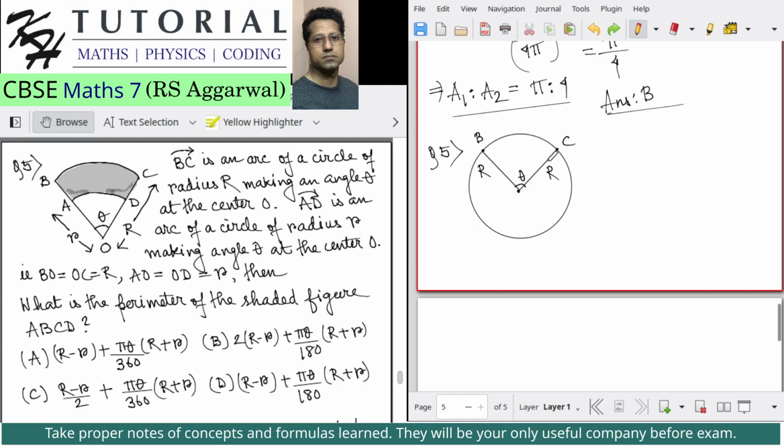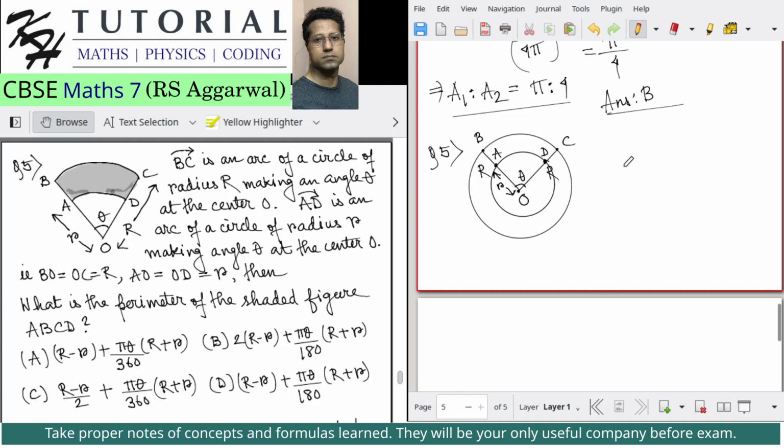This is the smaller circle. This point is A, and this point is D. So this arc AD is also making an angle theta at the common center. Let the common center be O, and this part is small r.